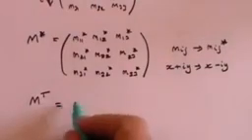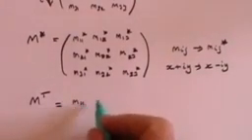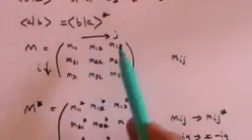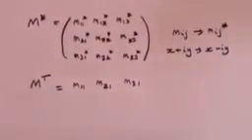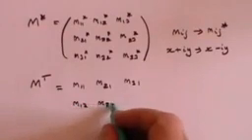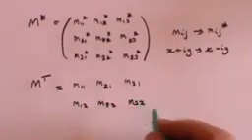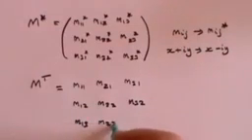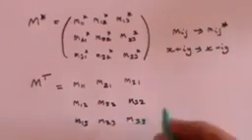So M transpose now becomes M11, M21, M31, as opposed to M11, M12, M13. It's now the other way round. Then this becomes M12, M22, M32, and this becomes M13, M23, M33.